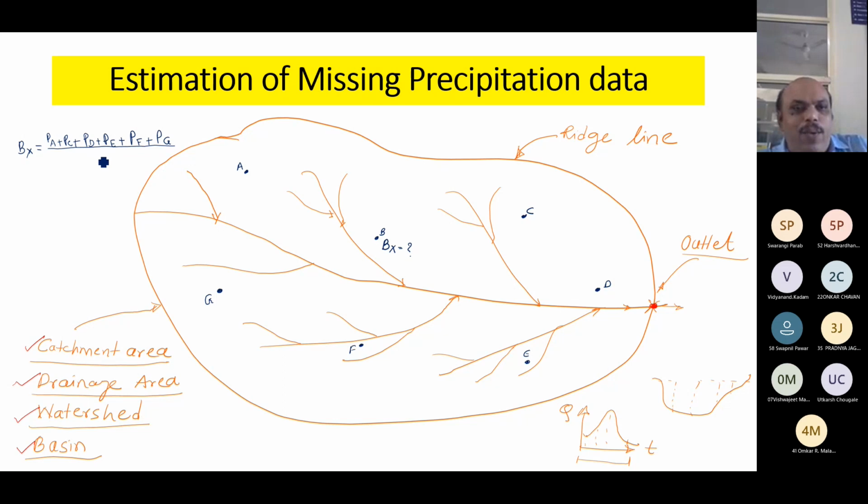So for taking average, we have to divide this with number of available stations values. So this is divided by n.